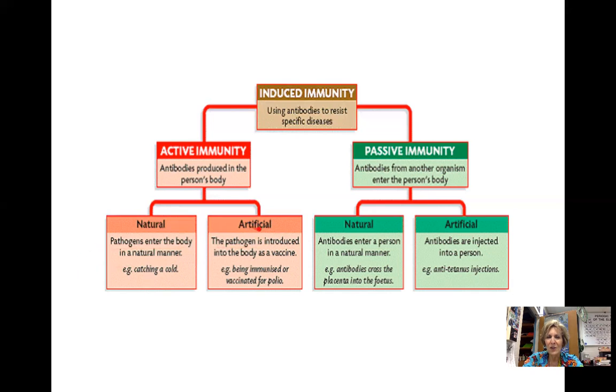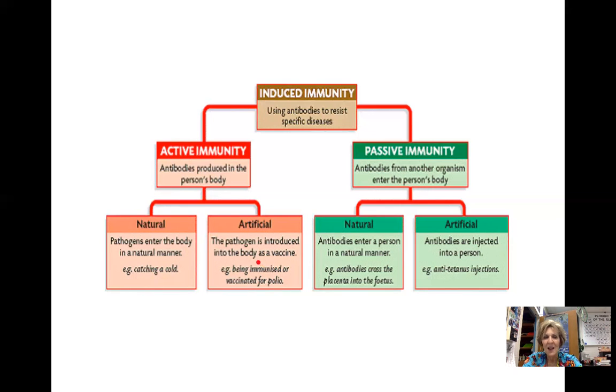But artificial active immunity is a vaccine. All right, so what we do here is we take a piece of the pathogen that would not make you sick, but enough so that it would elicit an immune response and your body would produce its own antibodies.